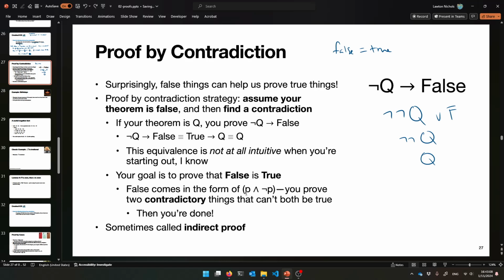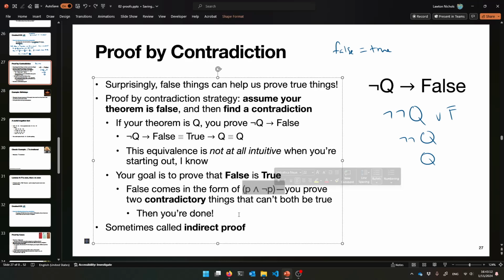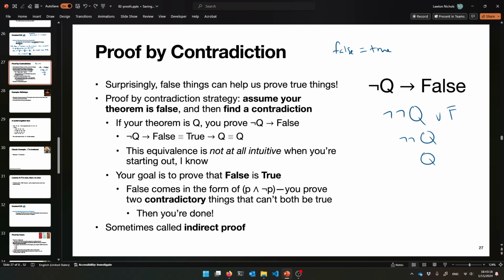That gives you, like, this is equivalent to falsehood. Hopefully you remember that rule. That kind of thing. Then you're done because you've just proven that false is true, and this whole idea of this proof technique was equivalent to your original proof. And then you're done. And it feels like there should be more to it. Okay? But that's why it's called an indirect proof. It feels weird, but it works.